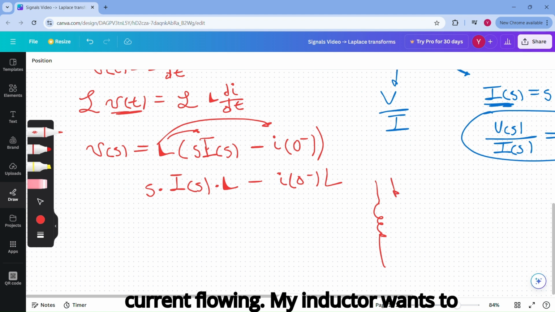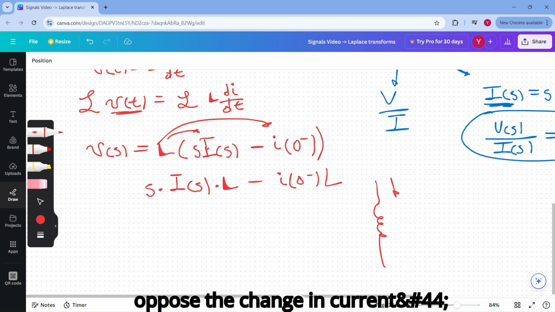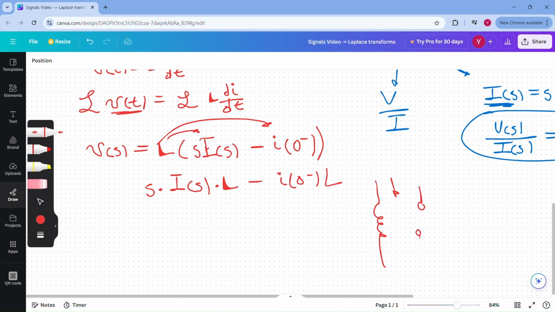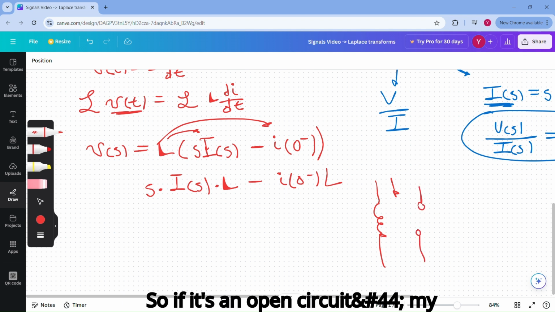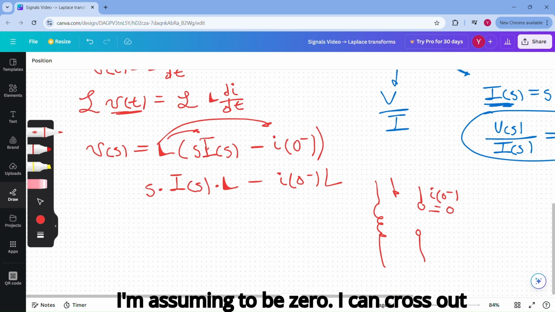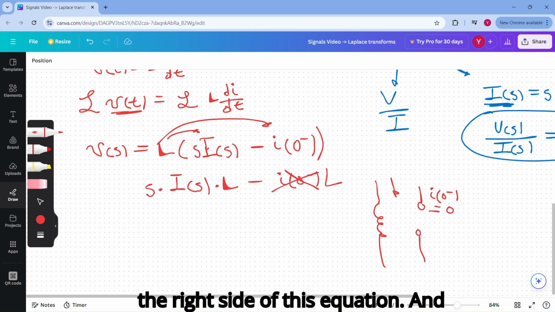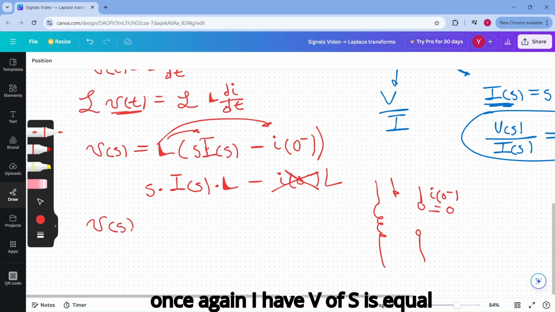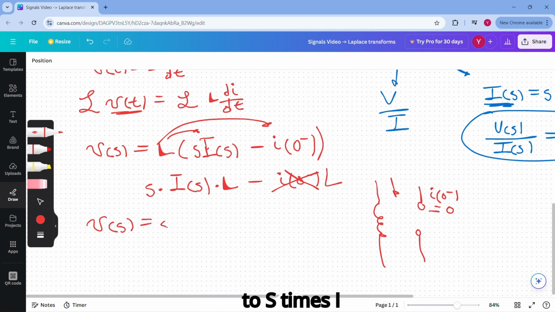My inductor wants to oppose the change in current, and it's acting as an open circuit. So if it's an open circuit, my current for my initial condition, I'm assuming to be 0. I can cross out the right side of this equation. And once again, I have V of S is equal to S times I of S times L.